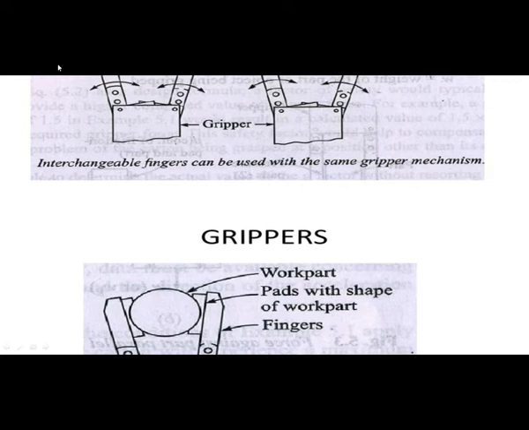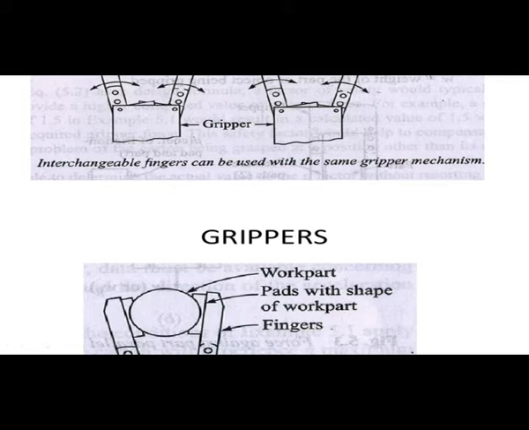Attachable means the fingers are permanently attached, and detachable means that when the fingers wear and tear, we detach them and replace them with new fingers. The use of replaceable fingers allows for wear and interchangeability.